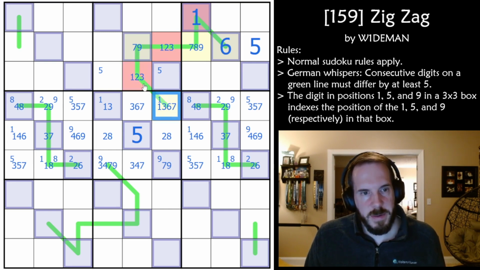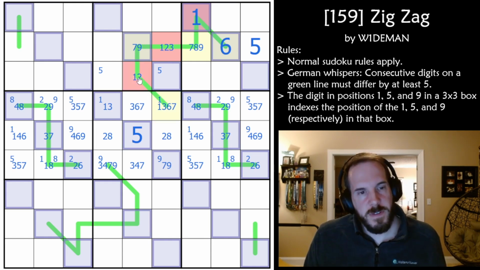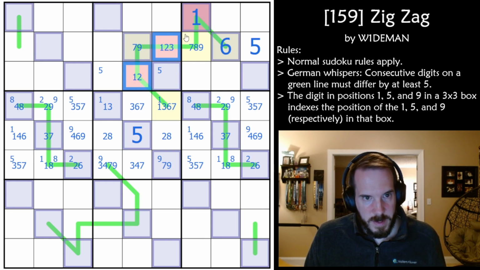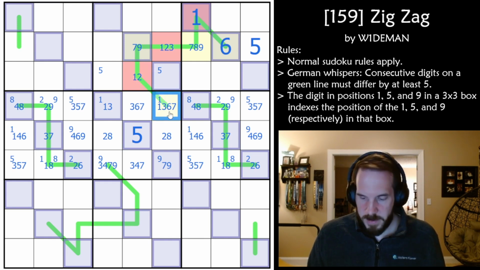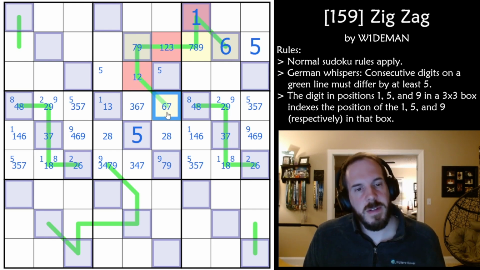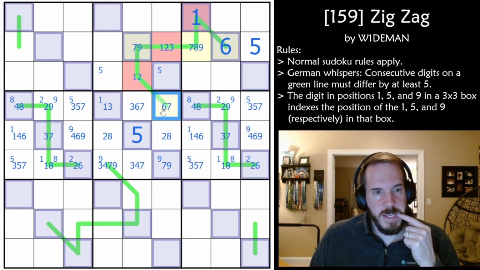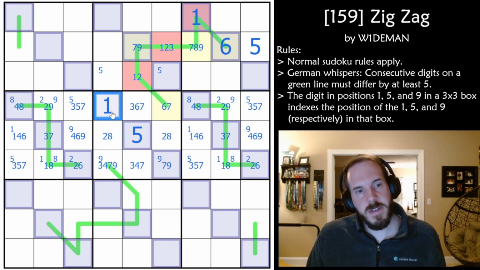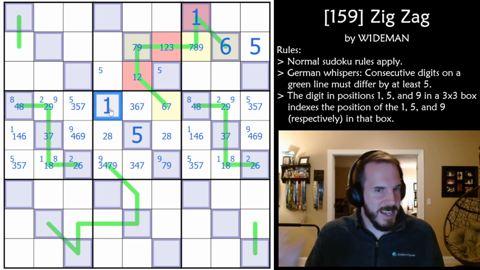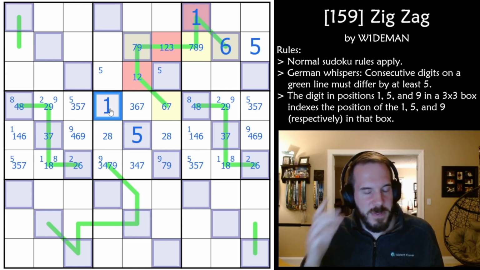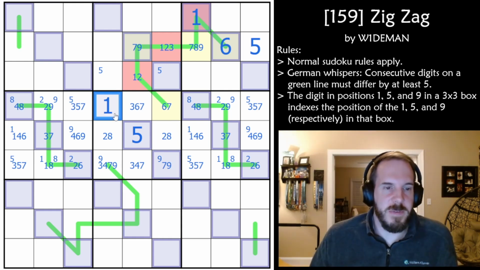And 3 can't be here because if this is 3, this needs to be 8 or 9, and it can't be. So this is 1 or 2. And this has to be high, and it's going to be 6 or 7, but it can't be 1, importantly. So our 1 in this box now can only go here. So that's our self-indexing 1.